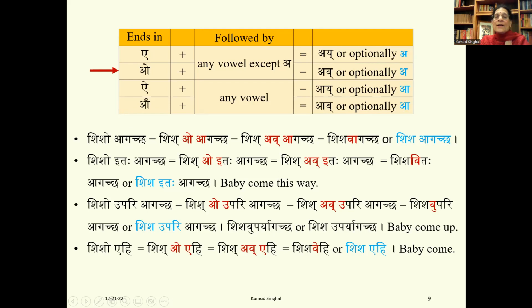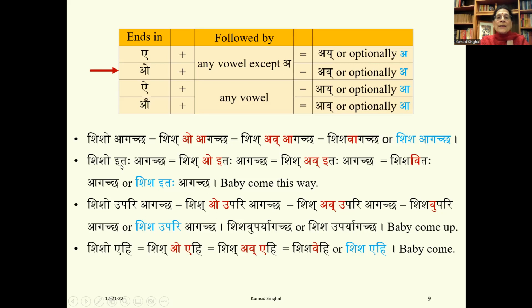This is a lot lakara, a wish or an advice. So shisho agach, oh baby, come. So shish o agach. O is followed by a vowel that is not a, so O is replaced by av. So it will be shishwagach, or the va drops and it is only a, shisha agach.